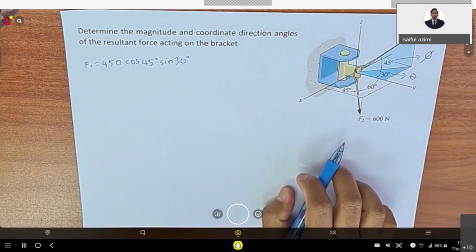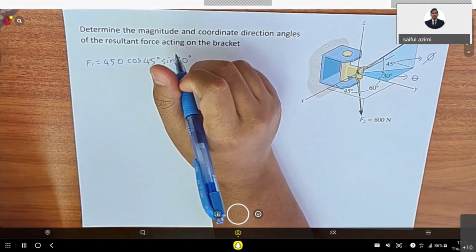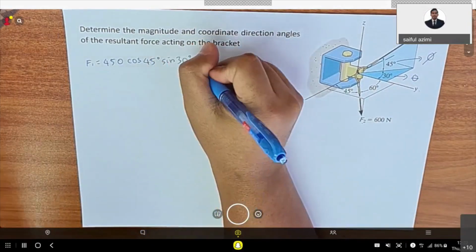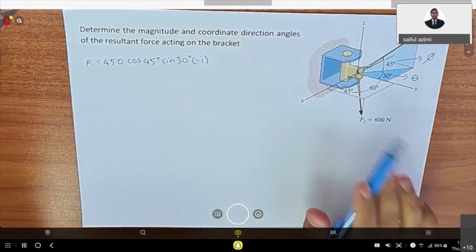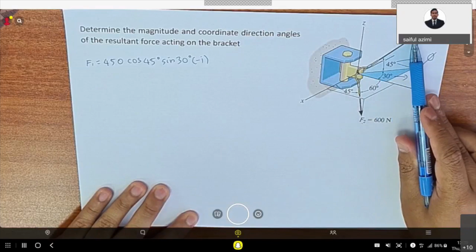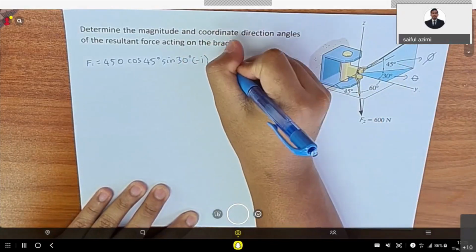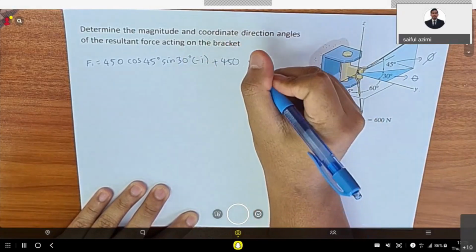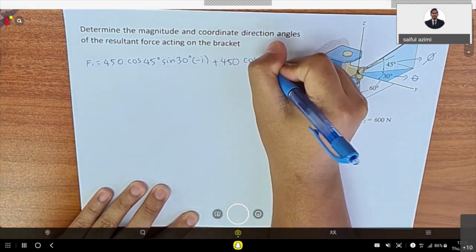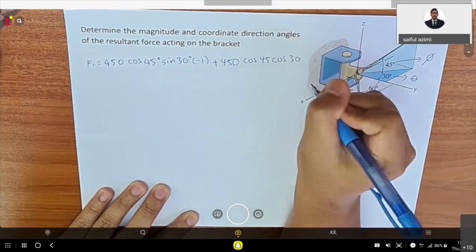You can refer to the formula. And then we have the direction of negative i, because the positive is here and the first one is moved towards the back. So it is negative i. Plus we have 450 cos 45 cos 30 degree.